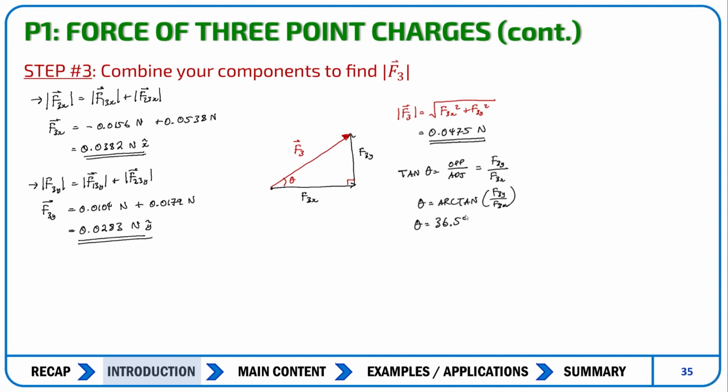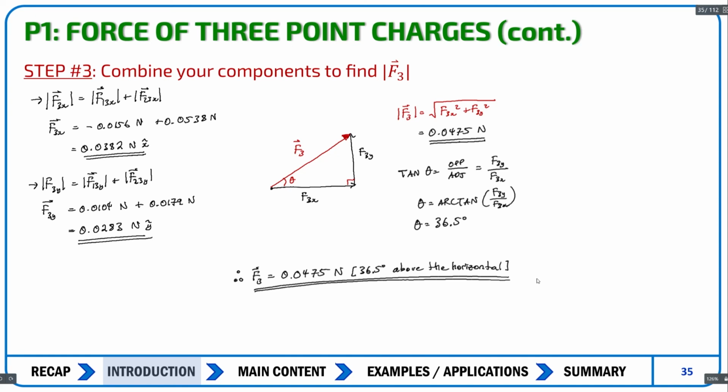So altogether, you can say, therefore, F3, or the net force acting on 3, is equal to 0.0475 newtons, and you can have 36.5 degrees above the horizontal. And that would be your answer for this question.